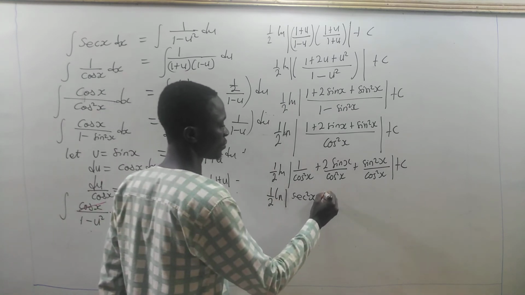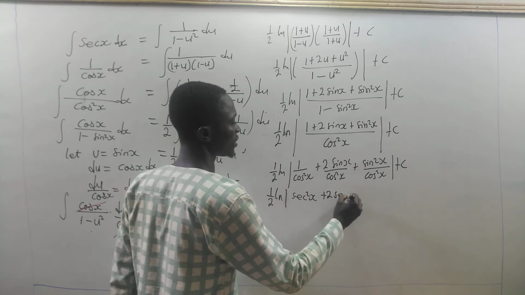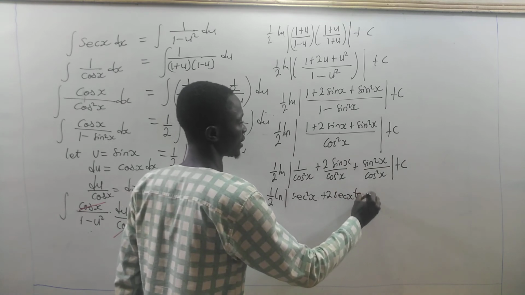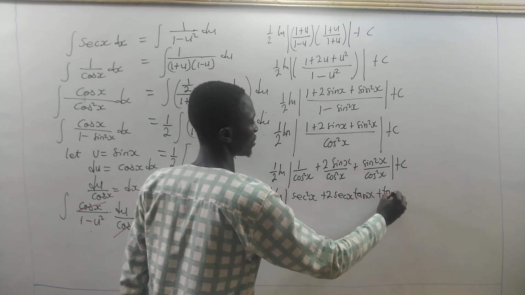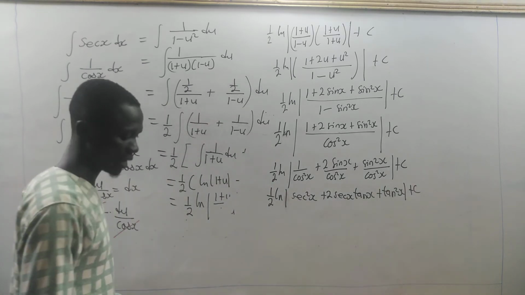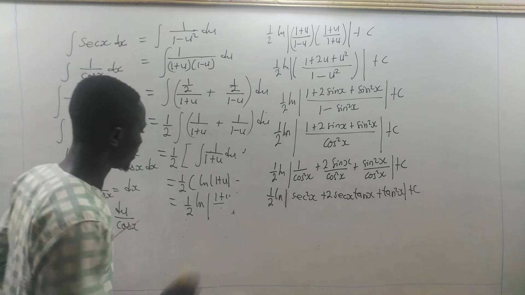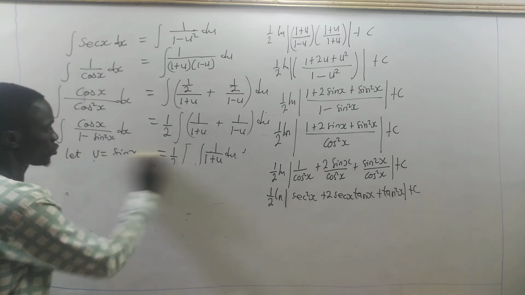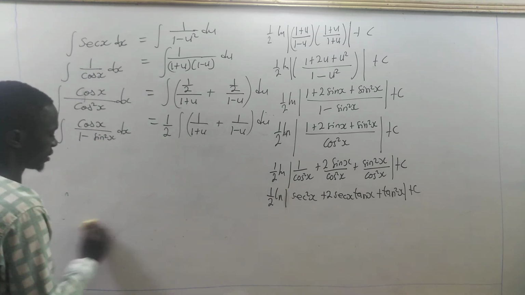So this will give us plus 2 secant x tangent x plus tangent squared x plus c. Now, why this? Let us do some quick explanation here.